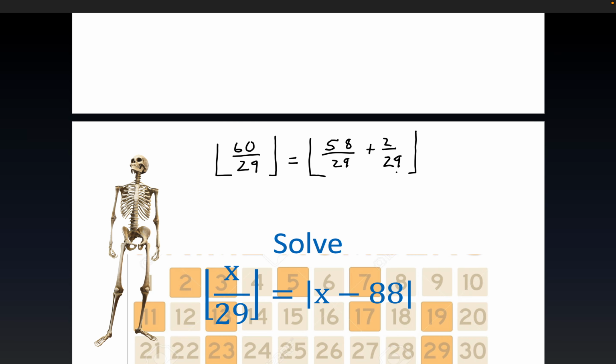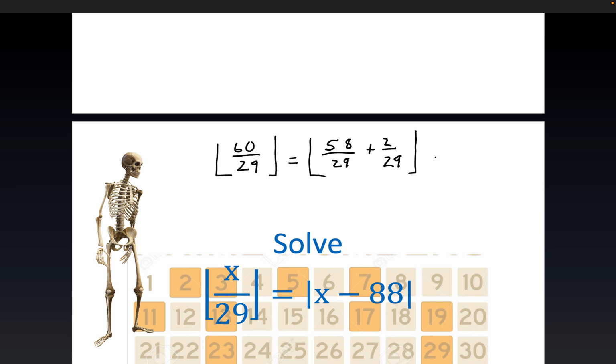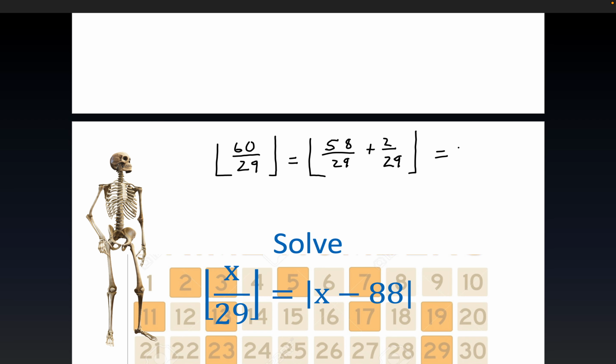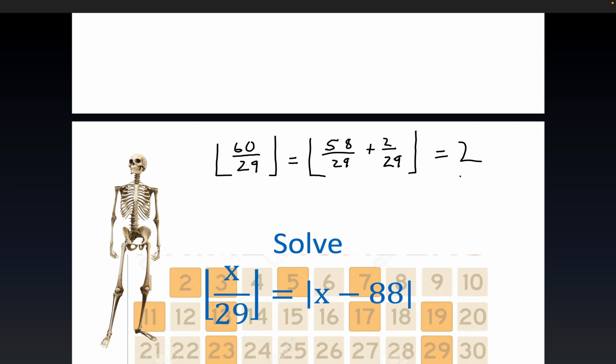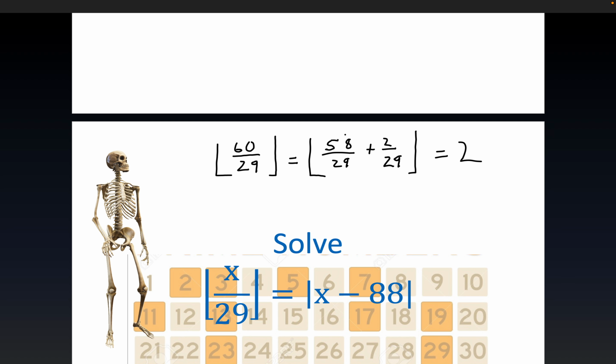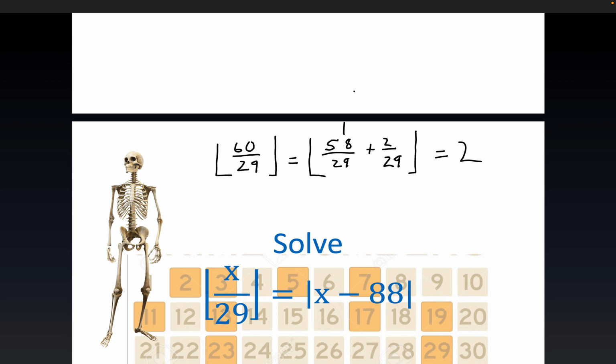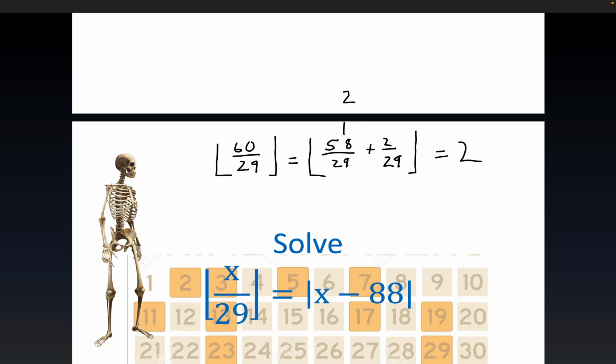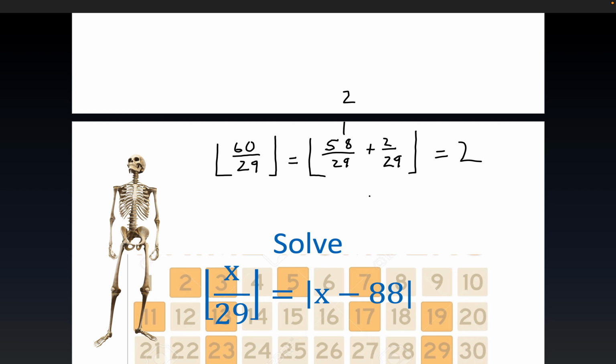Okay, I won't write down the formal definition. There's no need to really, because I'm going to work this a slightly different way. But again, 58 over 29 is equal to 2, and so you just chop this off essentially. Okay, so it's called the floor function.